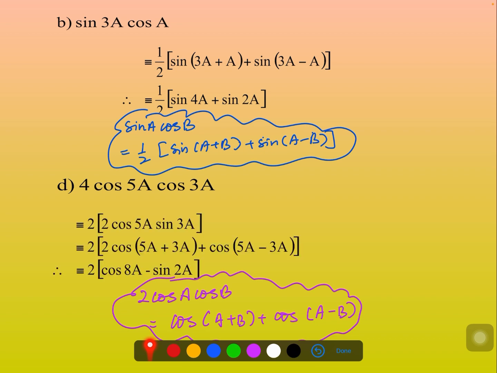We can bring this 2 outside and remain this 2, another 2, so that it can equate to the given formula, 2 cos A cos B. So we have 2 cos 5A sin 3A. I mean, here should be cos.